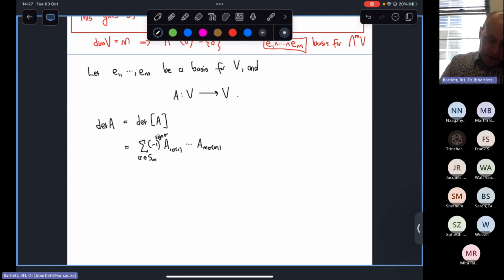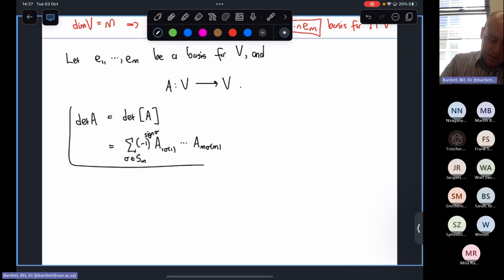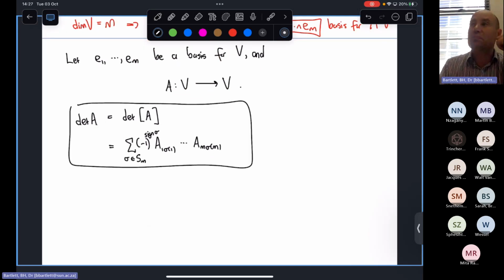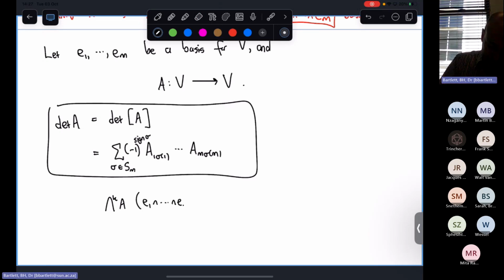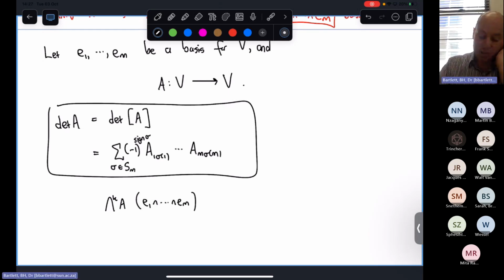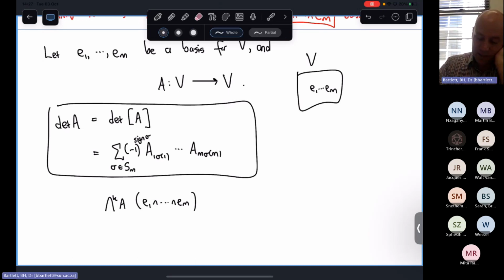So I want to see that I'm going to recover this from taking the top exterior power of A. So let's see what the top exterior power does. Top exterior power of A, when I apply it to my basis vector, just to be clear, here's my vector space V, and I've got these basis vectors here. This is m-dimensional space.